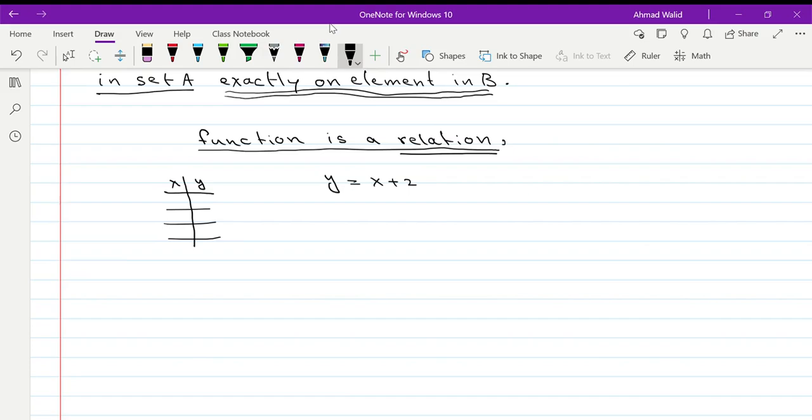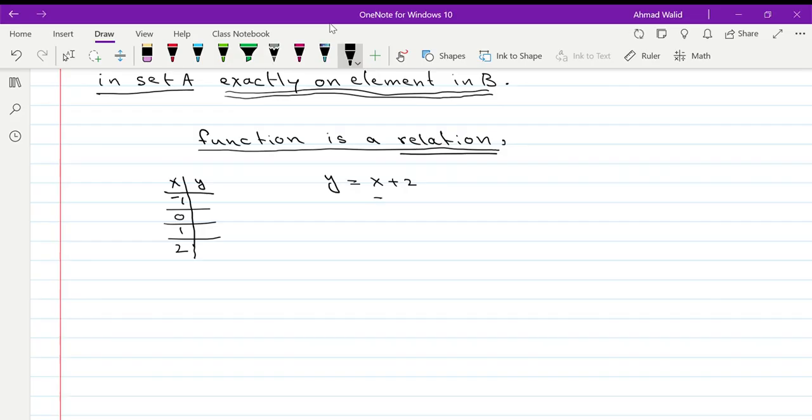If I have some elements for x which I choose, for example, -1, 0, 1, and 2, if I plug in these values of x in my equation, definitely I can find the value of y, correct?